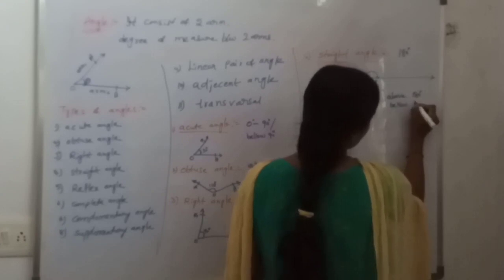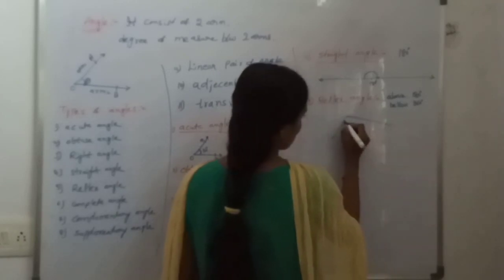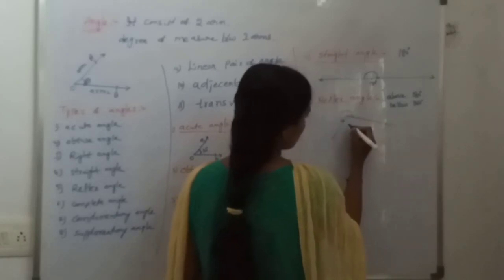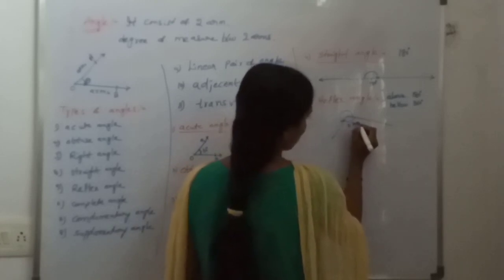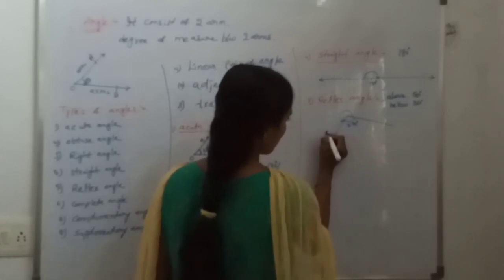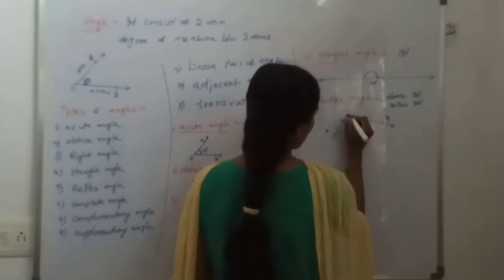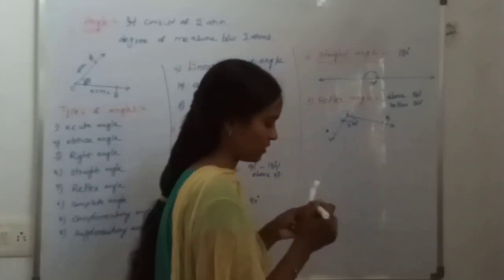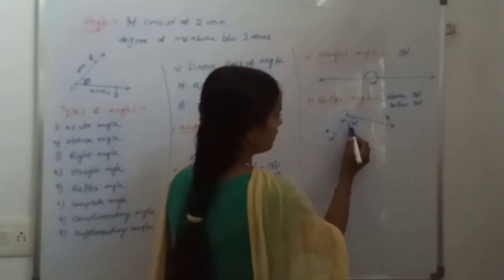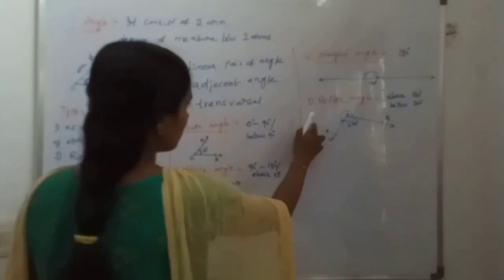For example, here this is the angle 270 degrees. Here having point A, here having point B, it is the common vertex O. Having 2 arms, that is called angle 270. It is the reflex angle.